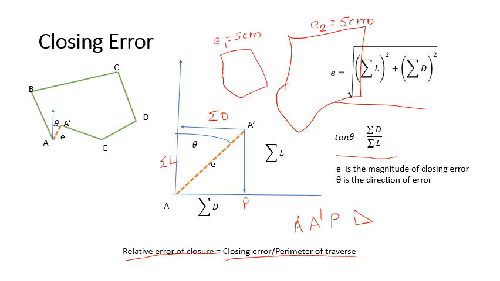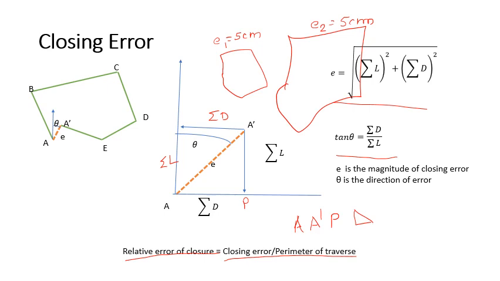Is the importance of this closing error the same in these two cases? No. In the first case, you have only a small plot, but still you had a 5 centimeter error. In the second case, you surveyed a larger plot and you had only 5 centimeter error. So just stating the value of closing error is not sufficient when comparing different plots, right?